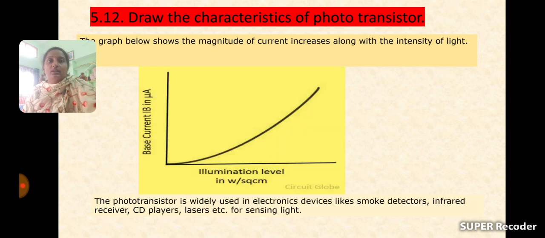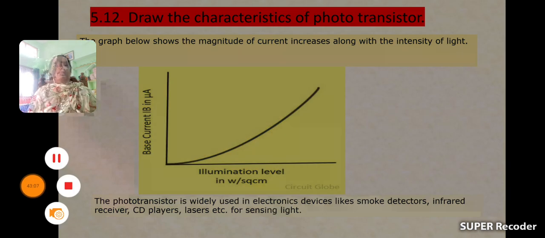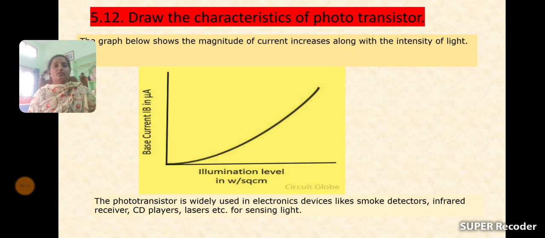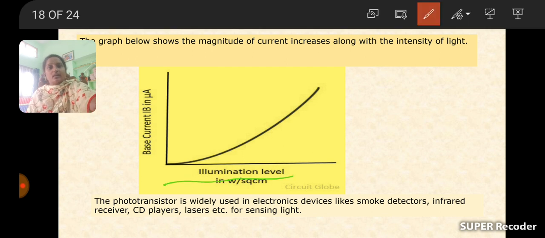And see here, these are the VI characteristics of the phototransistor. The phototransistor is widely used in electronic devices. See here, when the light illumination is increased, the flow of current is also increased.